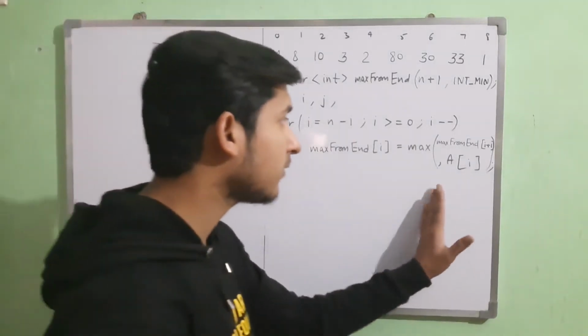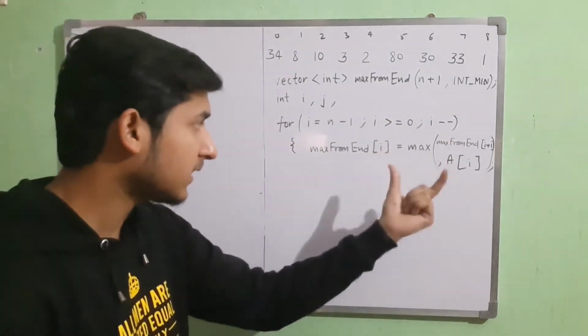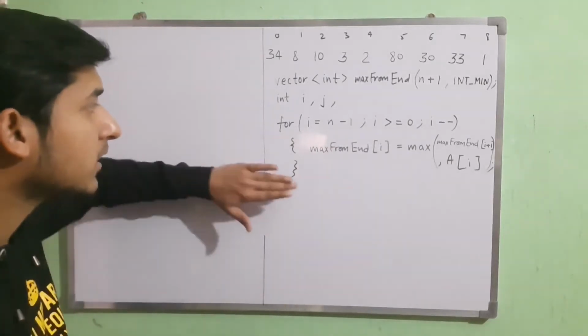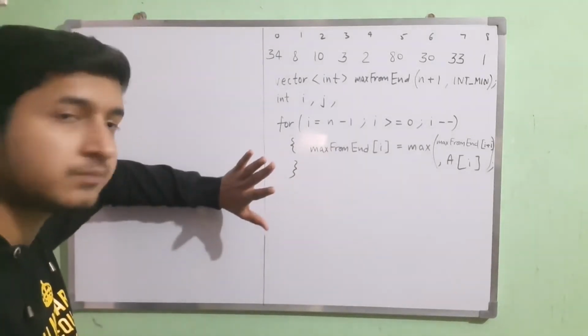Now, when I take the maximum of these two, I will get the value to be stored at this index. And now, this auxiliary array is initialized.